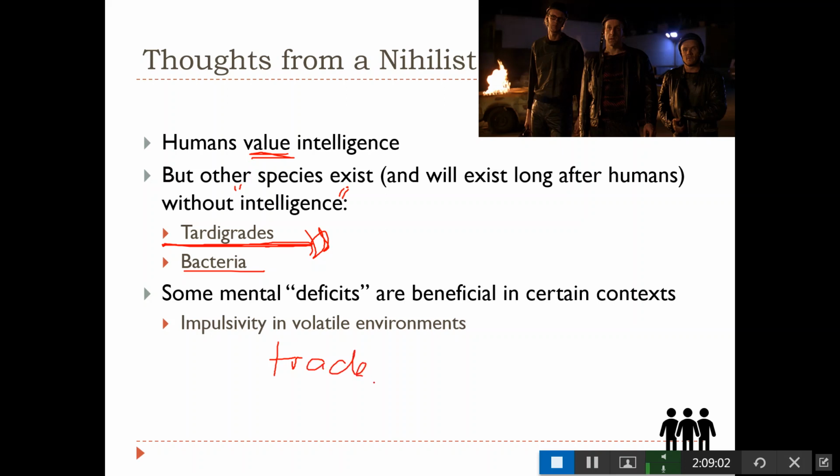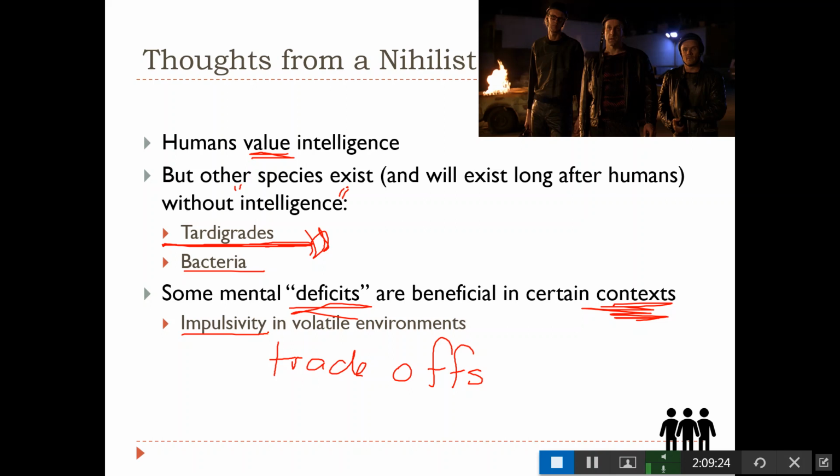Really, things that you think are deficits, you can think of as just trade-offs, okay? So some things that we consider deficits in one area can be beneficial depending on the context. So for instance, sometimes if you feel like you're super impulsive, right? I have no self-control when it comes to pie and cake and candies and all sorts of stuff.